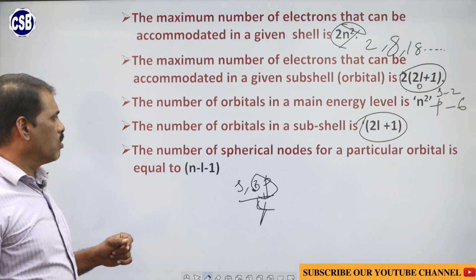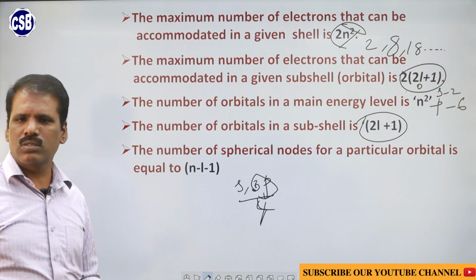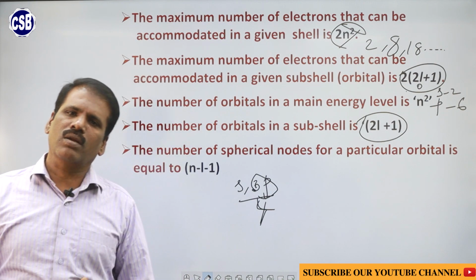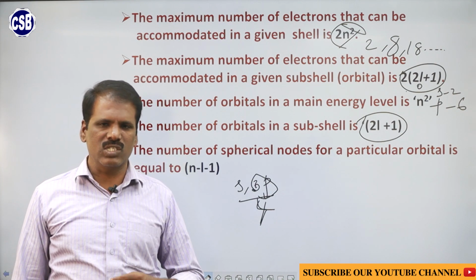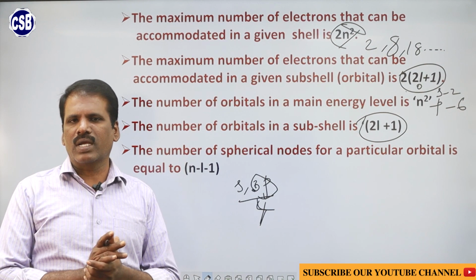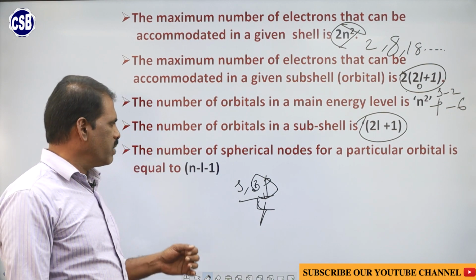The number of spherical nodes for a particular orbital is equal to n minus l minus 1. We have seen that a node is the place in which the density of electron, the probability of finding electron, is 0. So how many spherical nodes will be there for a given orbital? That will be given by the formula n minus l minus 1.